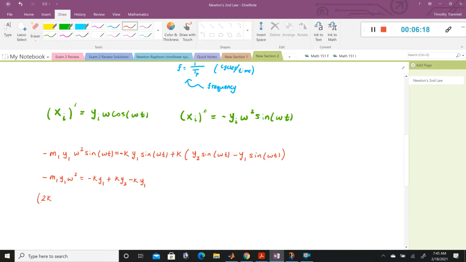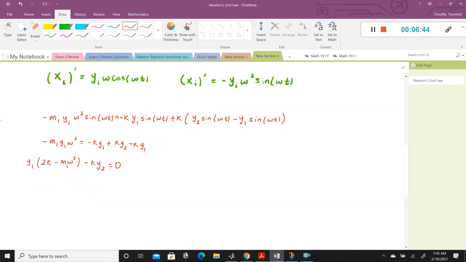Then we could factor out that y1. We'd have minus m omega squared there. And I'm going to also subtract k y2 on each side. And we're going to do one more thing. This m here should have been an m1. But what we're going to do is divide this equation by m1.